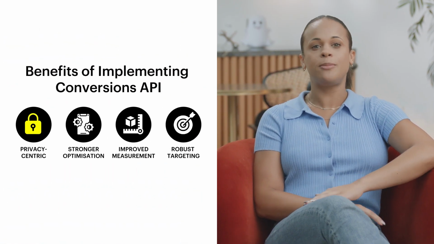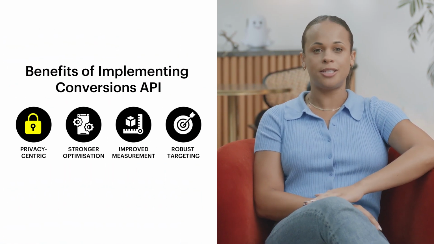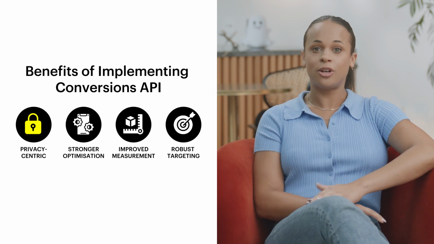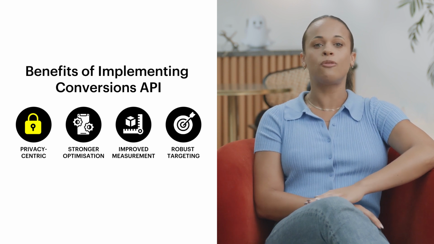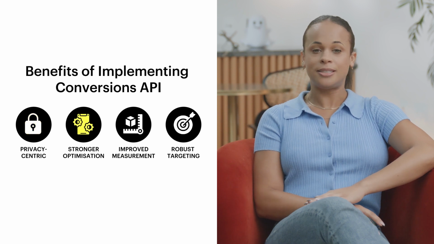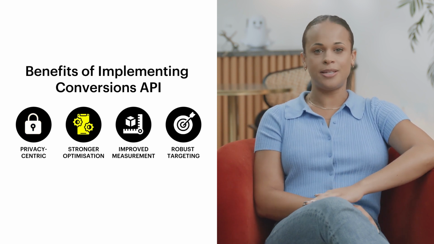Now, we highly recommend web advertisers who have the Snap Pixel to also integrate the Conversions API. There are several benefits to this. First, privacy. Conversions API was designed and built with privacy in mind. When implemented, Conversions API will give you control over what data you share and when. Second, get stronger optimizations.